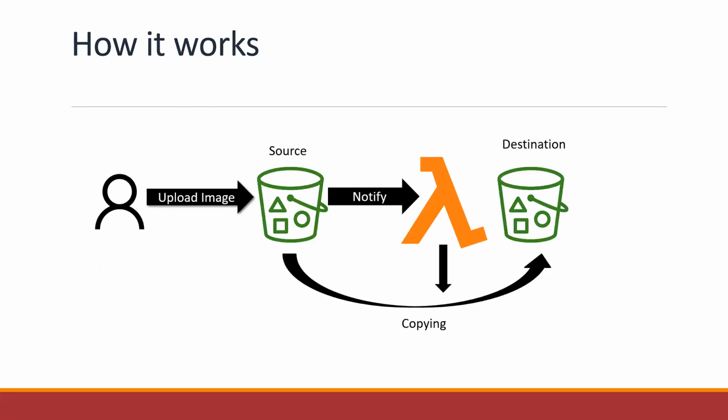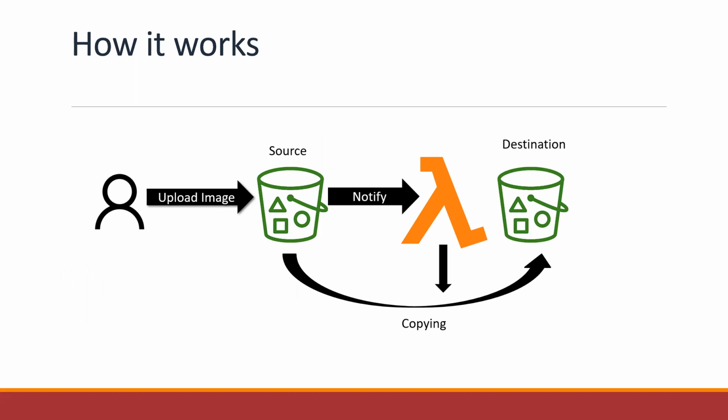How does it work? In order to explain this functionality, I'll be using two buckets, and I will create a Lambda function that will get triggered as soon as I upload any image to the source bucket. Once I upload to the source bucket, it will notify the Lambda function.